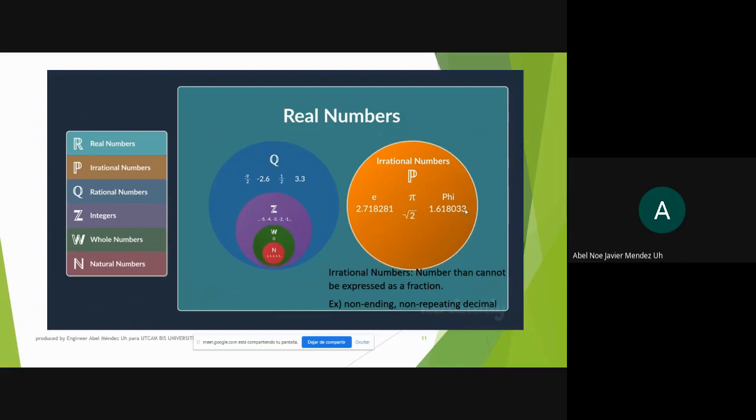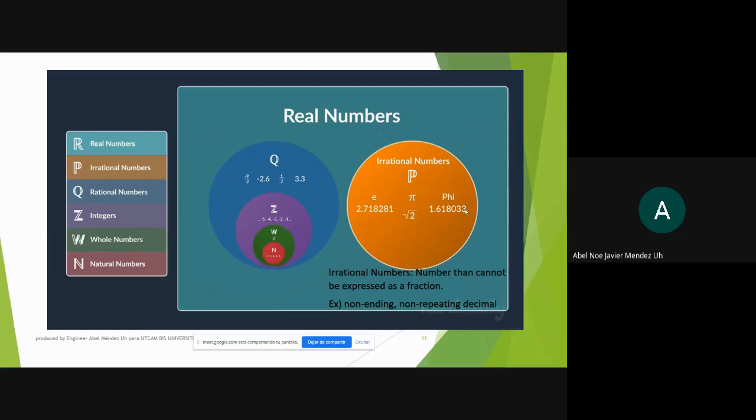And this is all the universe of real numbers, okay? We have two big groups: the irrational numbers at the right in orange color, and the rational numbers, capital Q, that include the integers, the whole numbers, and the natural numbers, okay?